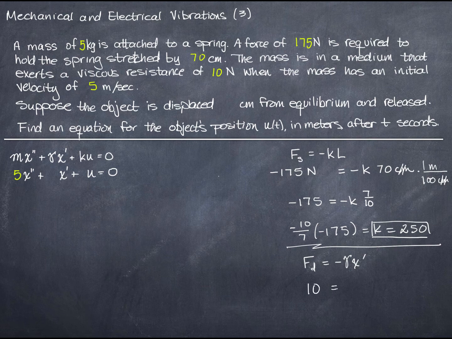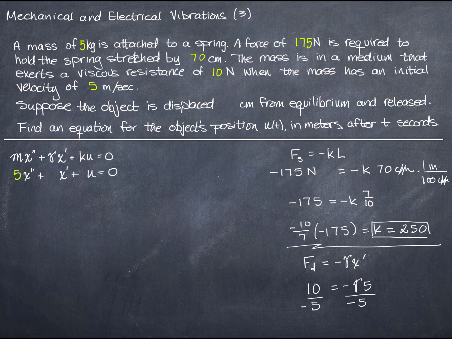We have our gamma, and then we have x prime, which is velocity, right? The first derivative is velocity. We're told that that's 5. And then I'll divide both sides by -5, and I get -2.